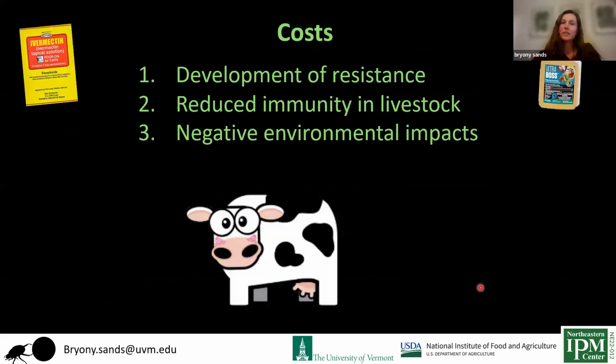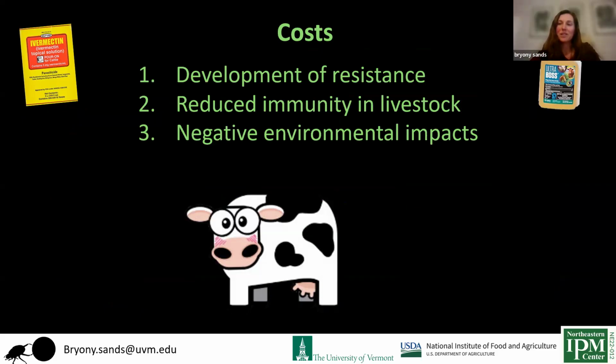Firstly, that is the development of resistance in parasites, leading to drug failures. If you think about regularly treating your whole herd, that's going to apply a strong selection pressure on those parasites to evolve resistance to the treatment.